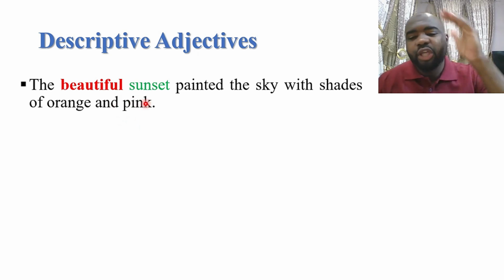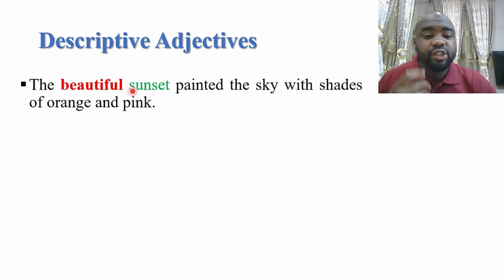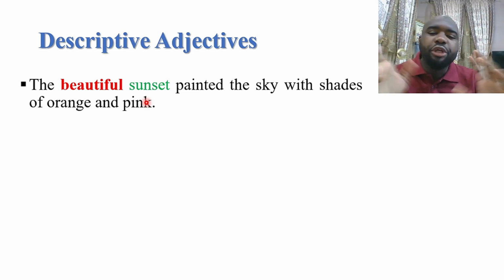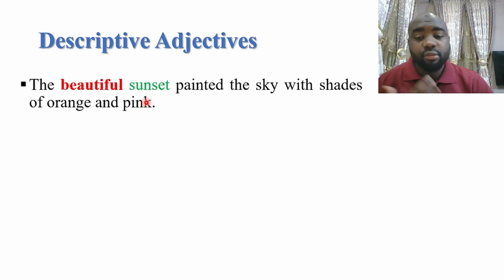When the sun is going down in the evening, that's sunset. Then, not just any sunset, beautiful sunset. It gives a colorful, beautiful color with orange and pinkish shades, sort of thing.